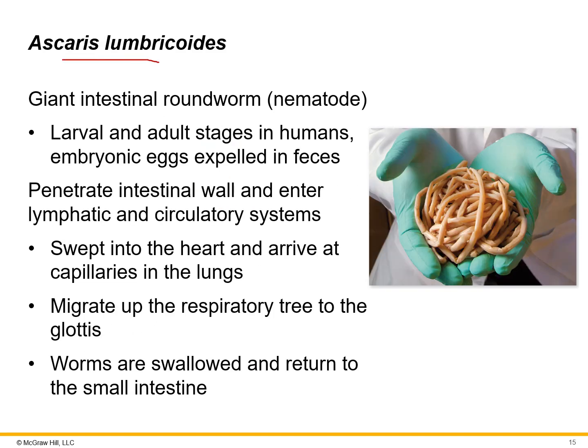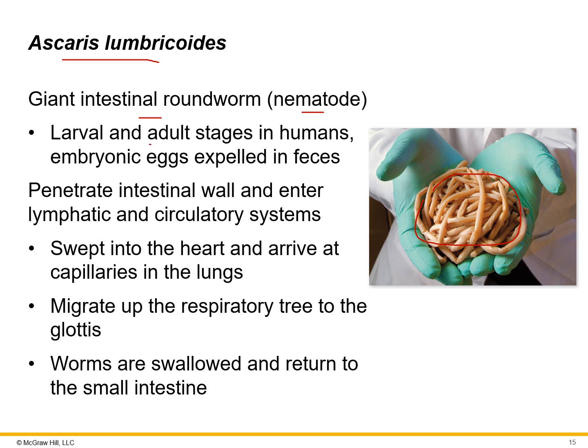Then Ascaris lumbricoides. If you have pets, you are probably very familiar with these. These are giant intestinal roundworms, again, nematodes. If you deworm your animals and you see the worms inside of them, it's typically the Ascaris. It looks like what this vet is holding here.